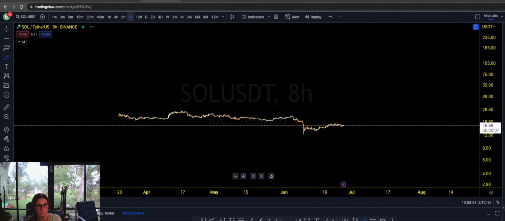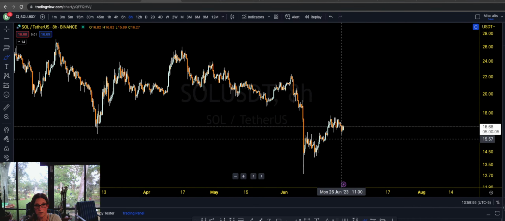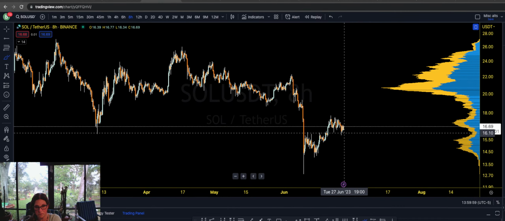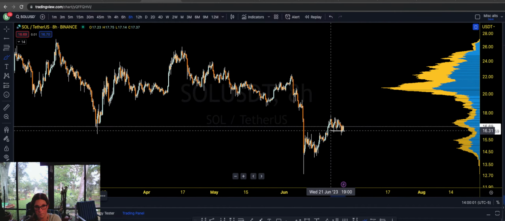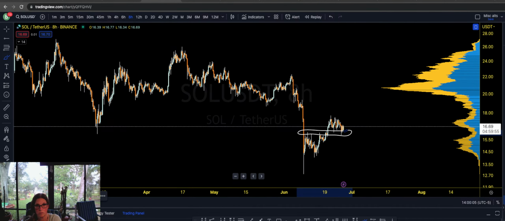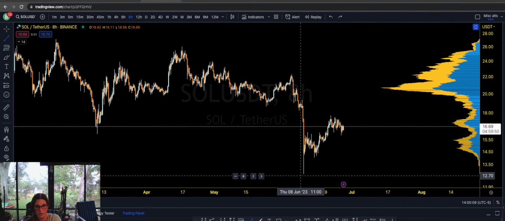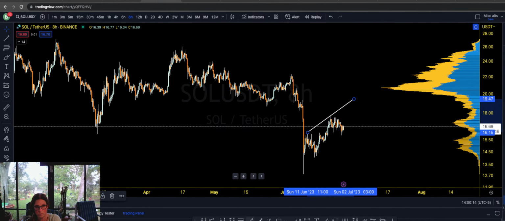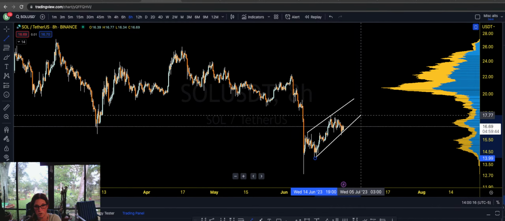So it hasn't broken the low yet, but it's got this overlap happening. Okay. So right now, the only thing we could do with it is say that hopefully it's going to finish a diagonal.